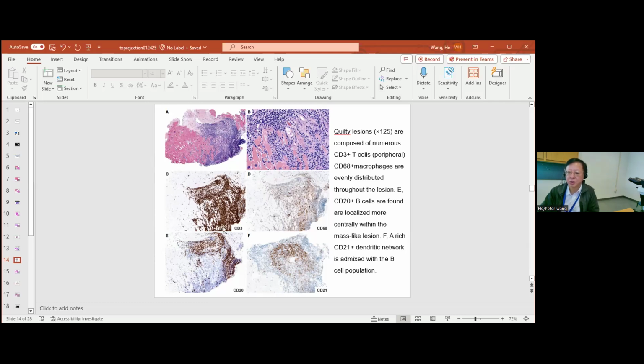We mentioned the majority of rejection is CD3 T cells, but in Quilty effect, we have a significant number of B cells, especially in the center of the lesion, as we can see here. And CD21 highlights the tertiary follicular structure, as illustrated here, and CD68 is evenly distributed. When we see that, we are pretty sure this is the Quilty effect. It's not rejection.